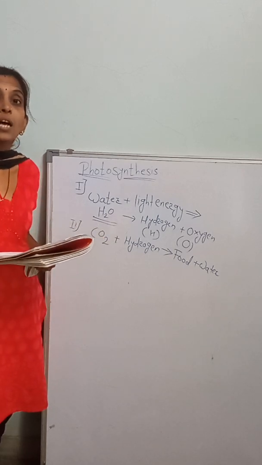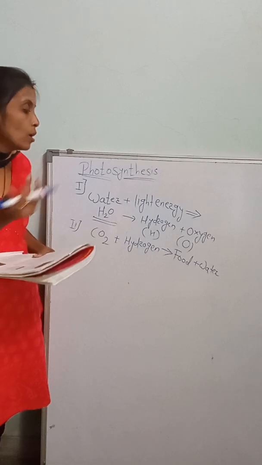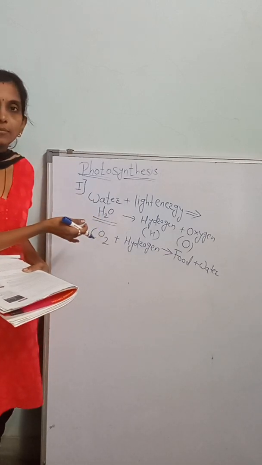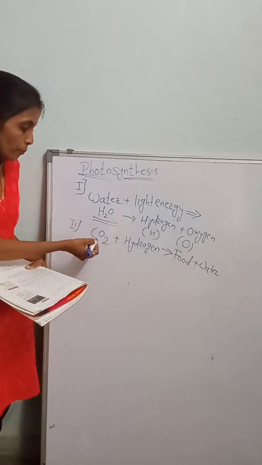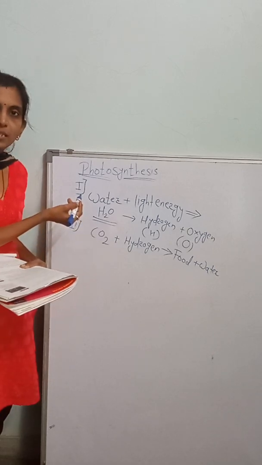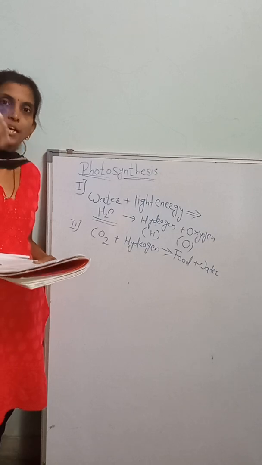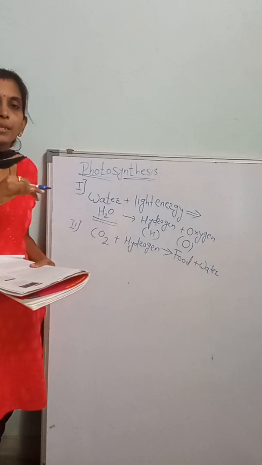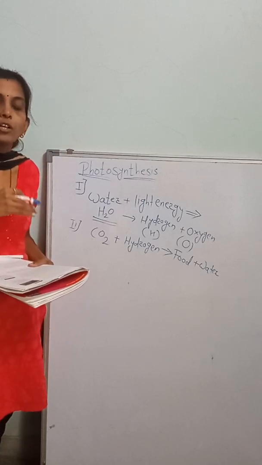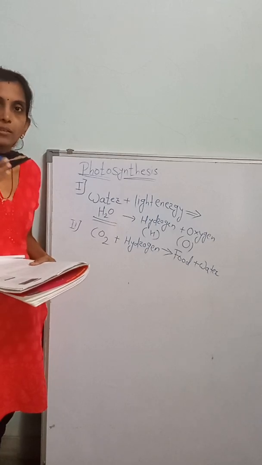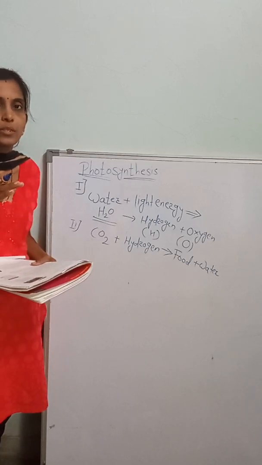The carbon dioxide is taken by the plant and oxygen is released, and this oxygen is used by living organisms for processes like respiration and burning.